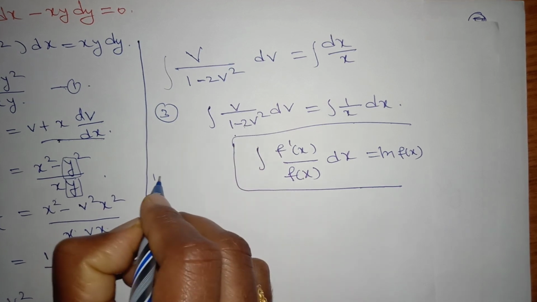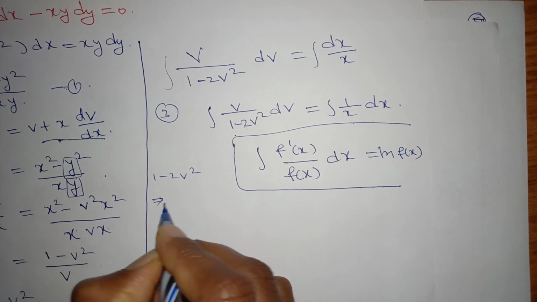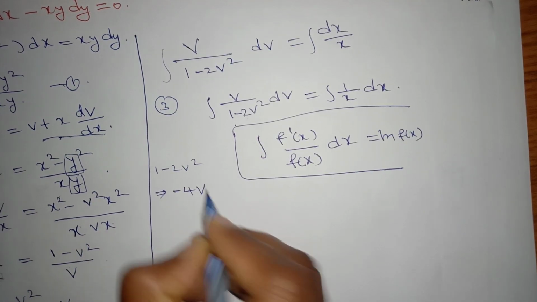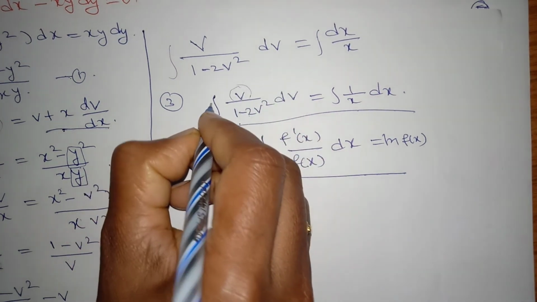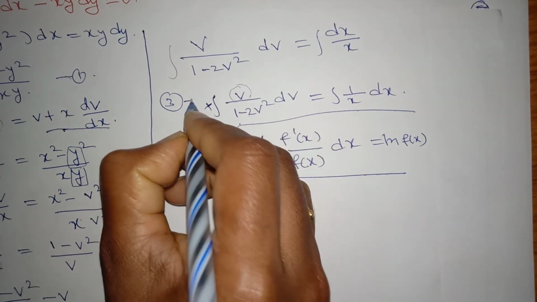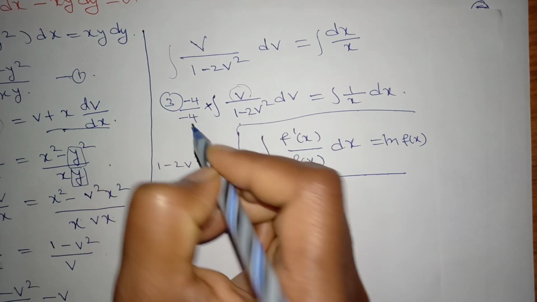If we differentiate 1 minus 2v square, we will have minus 4v. Here in the numerator we have only v, so multiply this equation with minus 4 by minus 4.